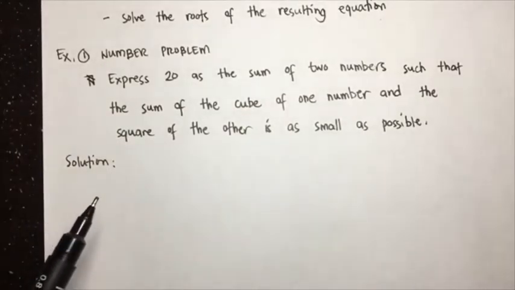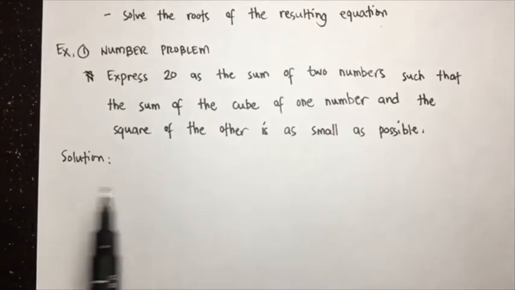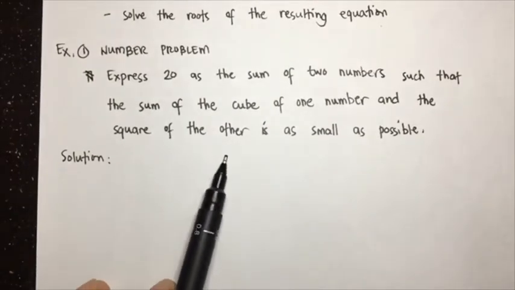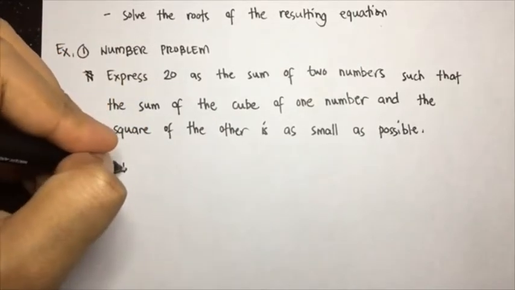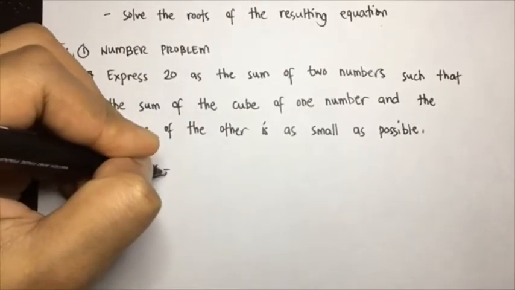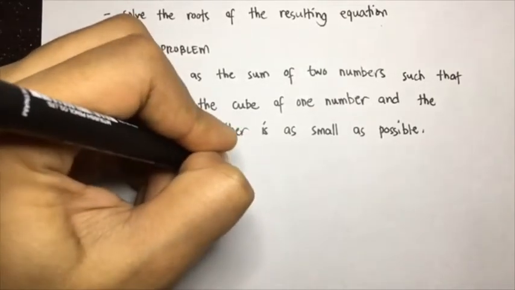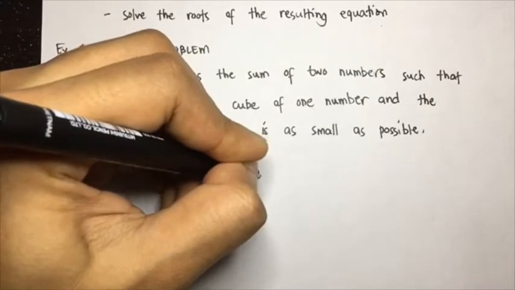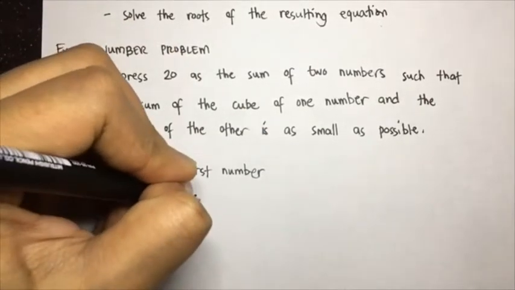Since we don't have any variables given, we will introduce our variables. Say for example, we let x be our first number, and y be our second number.